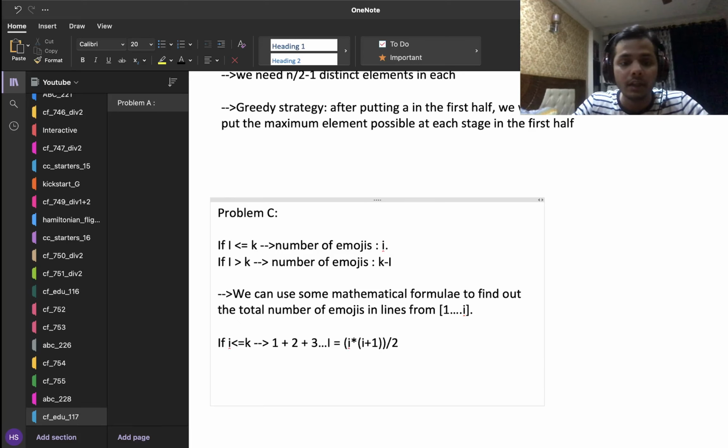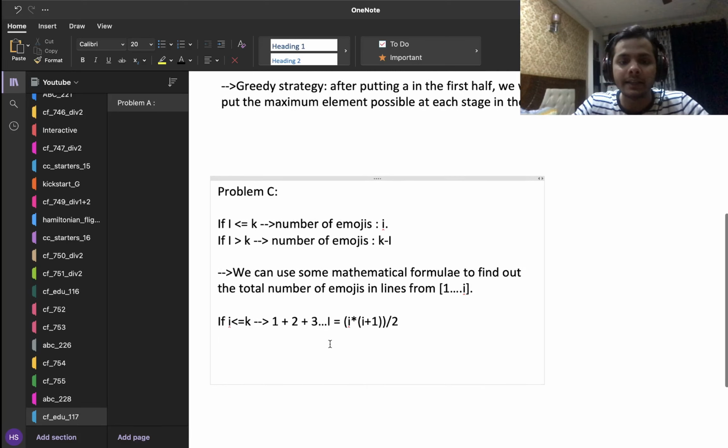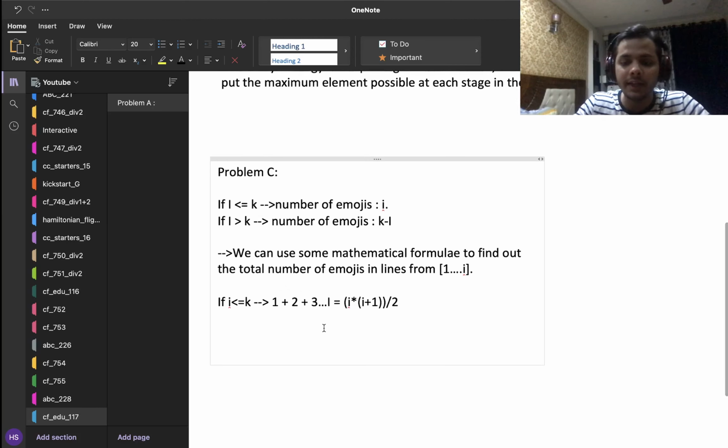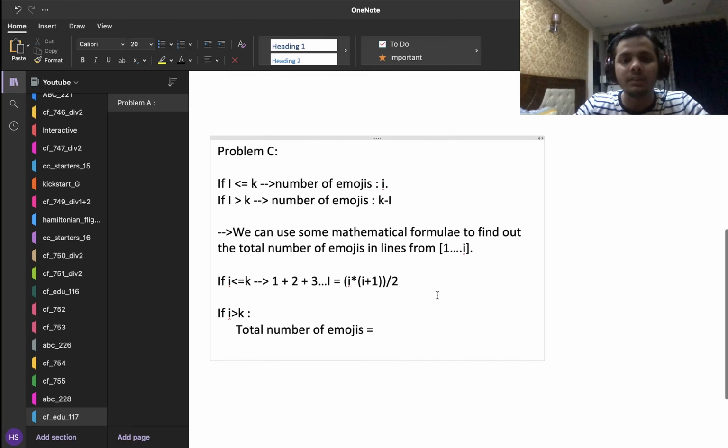It is just an arithmetic progression which can easily be derived to be i into i plus 1 by 2. But what if i is greater than k? Let's calculate the case when i is greater than k. The first thing is that the total number of emojis is equal to the sum of all the emojis.